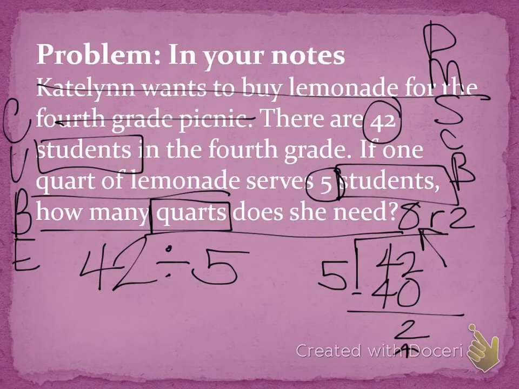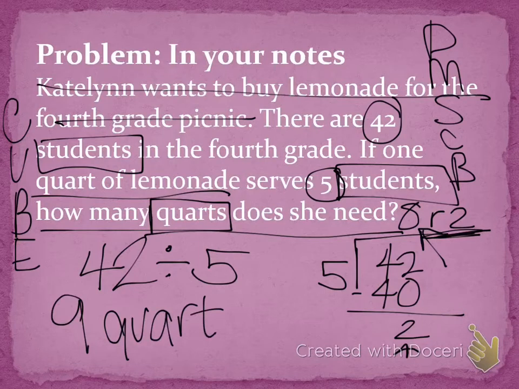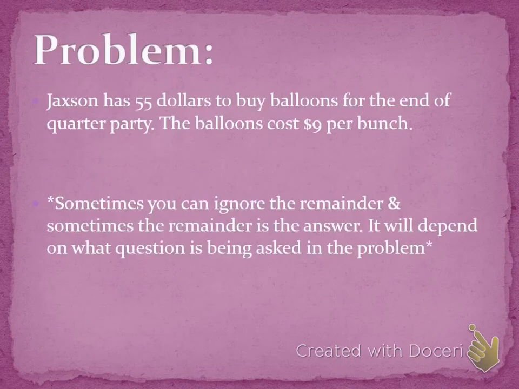So I'm going to plan, because I have a remainder in this problem, that she should definitely make more than 8 quarts. So she should make 9 quarts for this. Because there is a remainder, we don't want people to not get lemonade, so we need to have more than enough available to them.